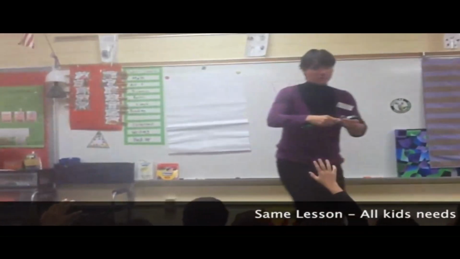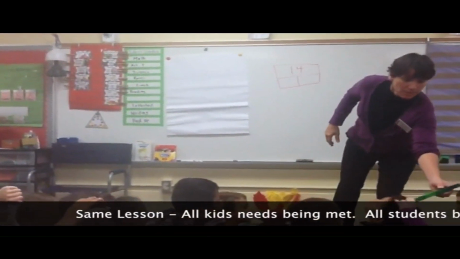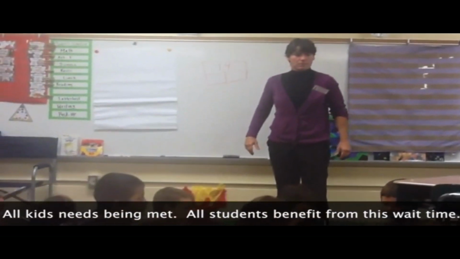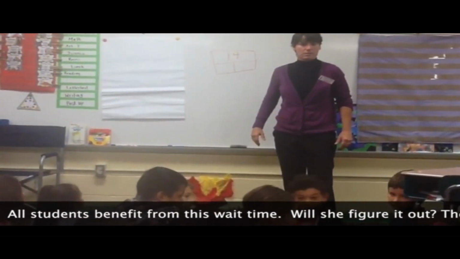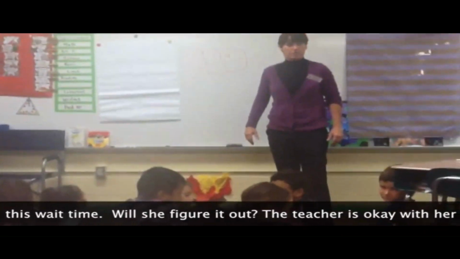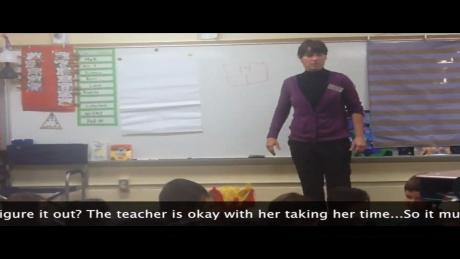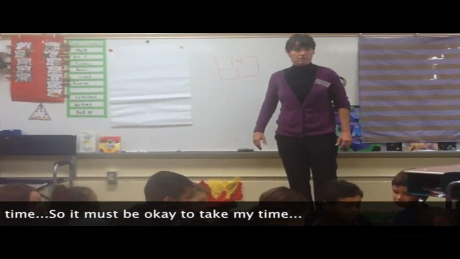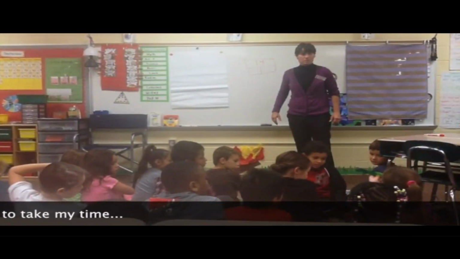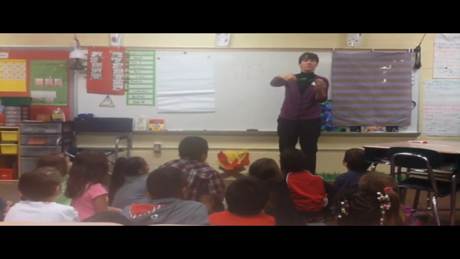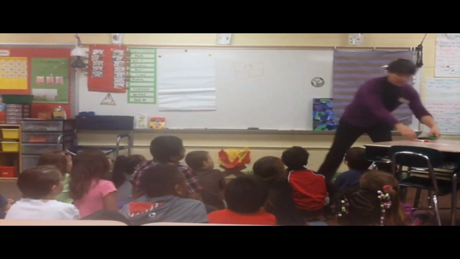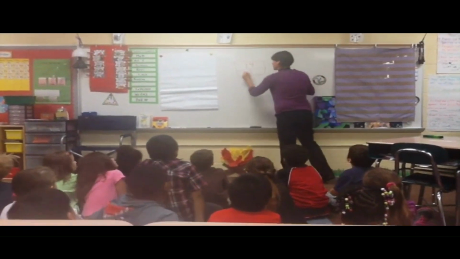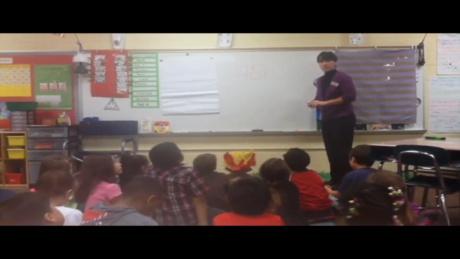Can you break these up into 2 equal parts? It could be 7 plus 7. 7 and 7, and they're equal parts?